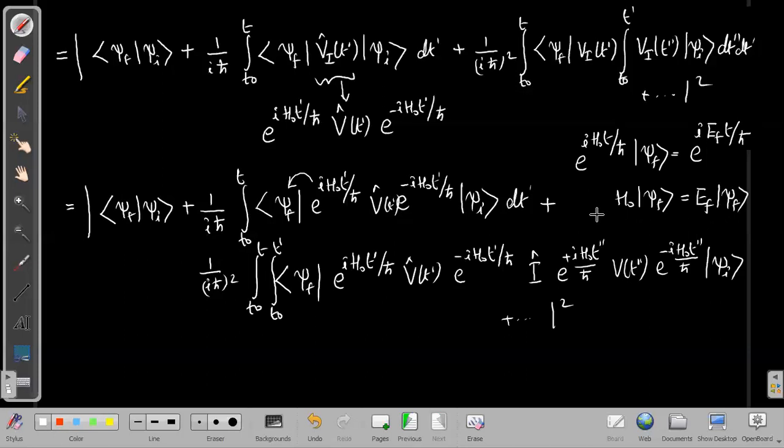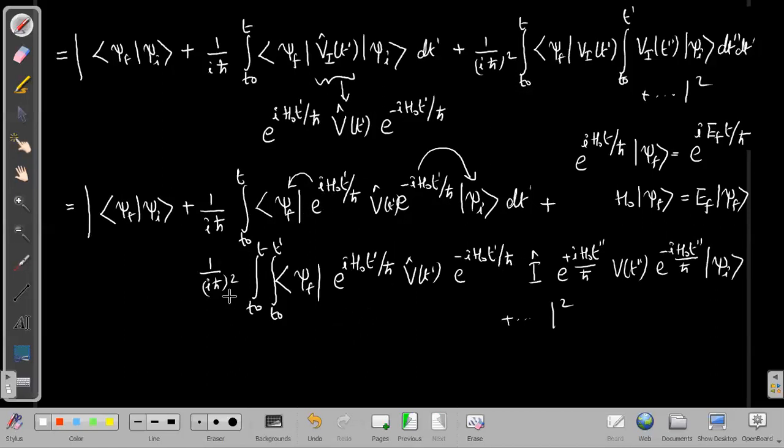Therefore, e raised to iH0 t' by ħ acting on ψ_f simply gives this exponential. And again, e raised to minus iH0 t' by ħ acting on ψ_i will give an exponential term. So I can replace this operator with some exponential term.